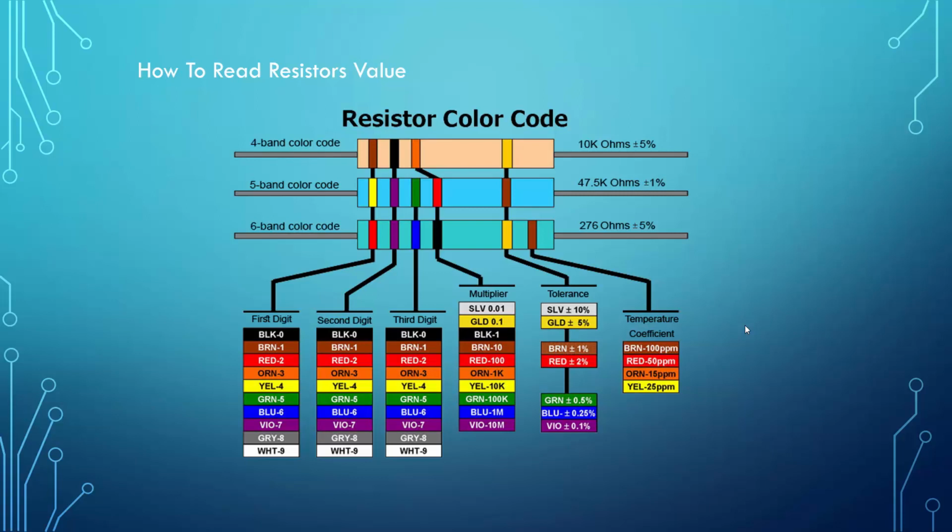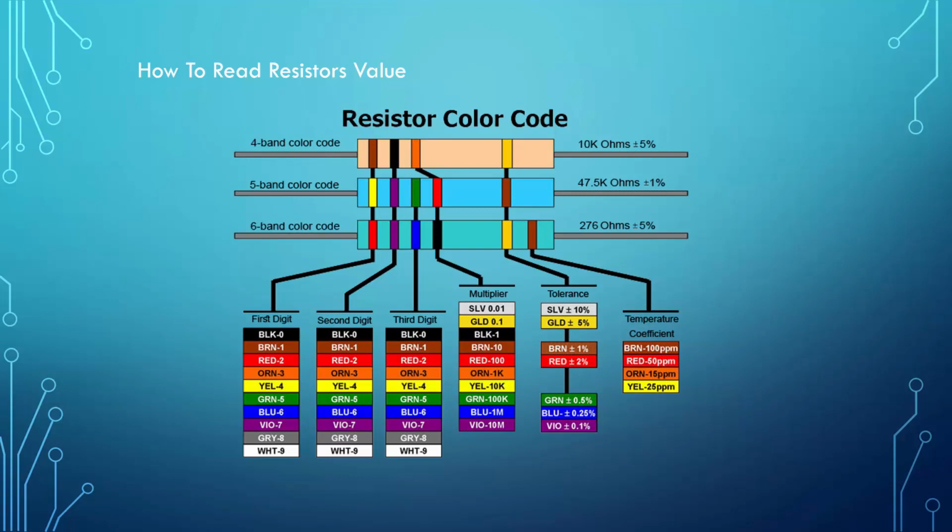Placing together these 2 digits will result in 10. The third band, which is the multiplier, is orange, so the multiplier will be 1000. So the final value will be equal to 10 multiplied by 1000, which is equal to 10,000 or 10 kilo ohm.